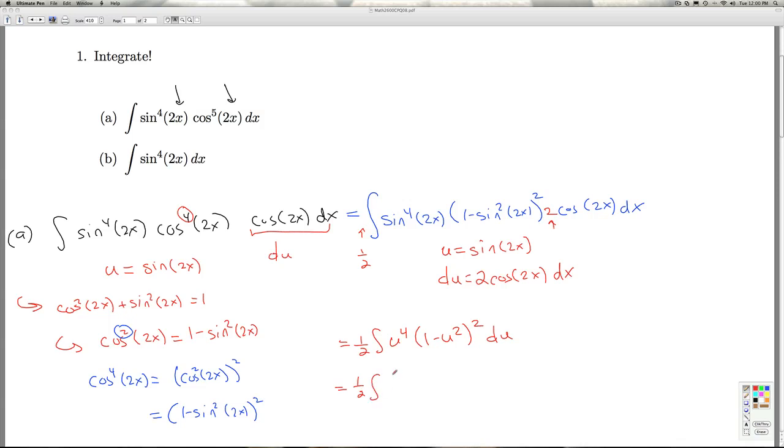So that's 1/2 integral u to the fourth 1 minus 2u squared plus u to the fourth du, which is 1/2 times the integral u to the fourth minus 2u to the sixth plus u to the eighth du. This is a nice friendly Calc 1 polynomial, which we'll deal with using the power rule.